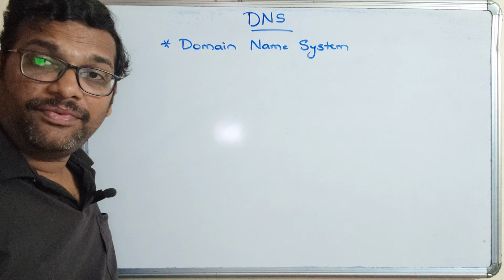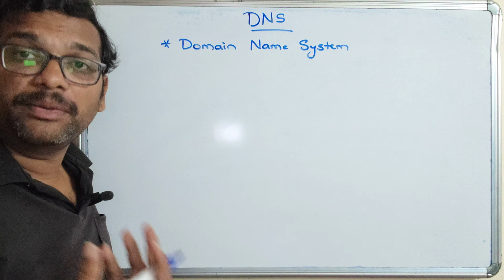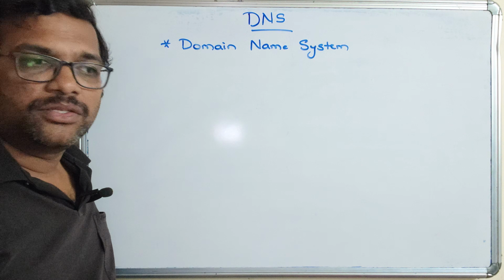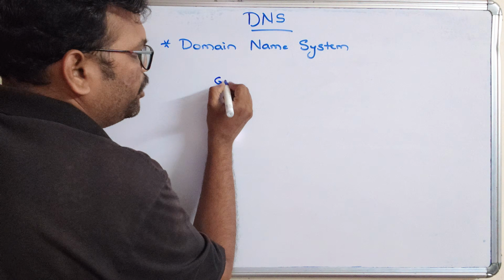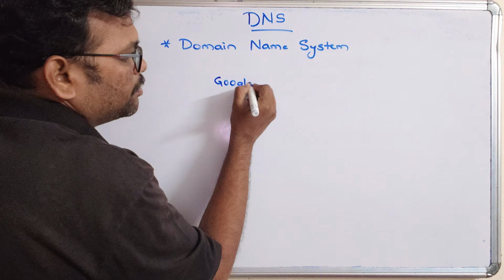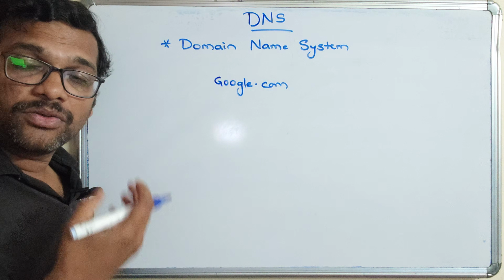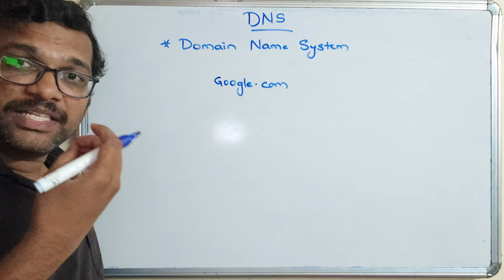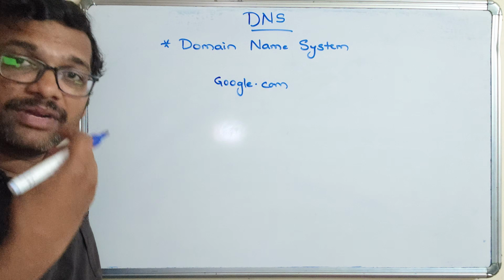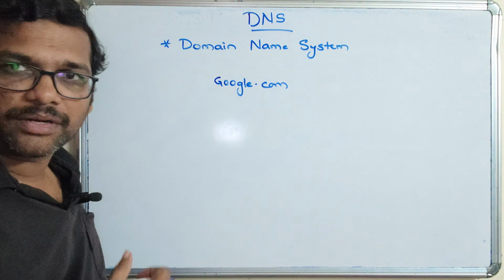In our daily life, we are using a lot of websites. For example, we'll be using google.com. So what happens? Some message will be sent from our system to the Google server.